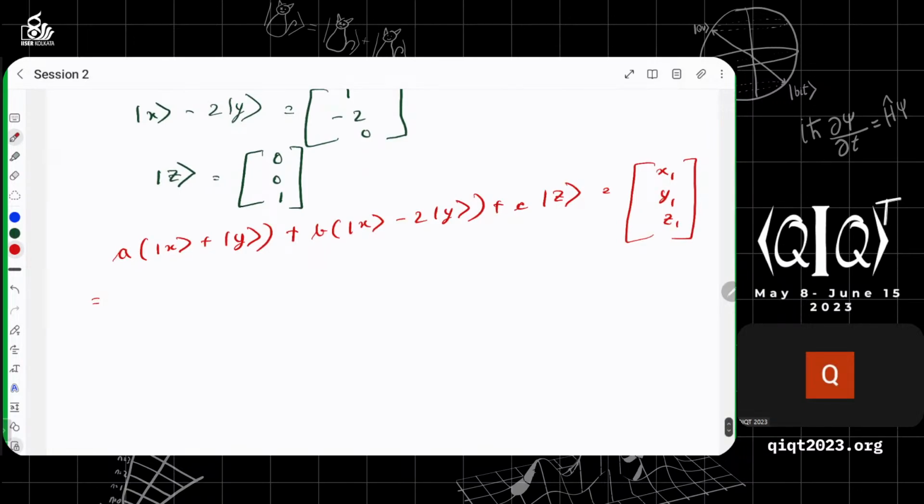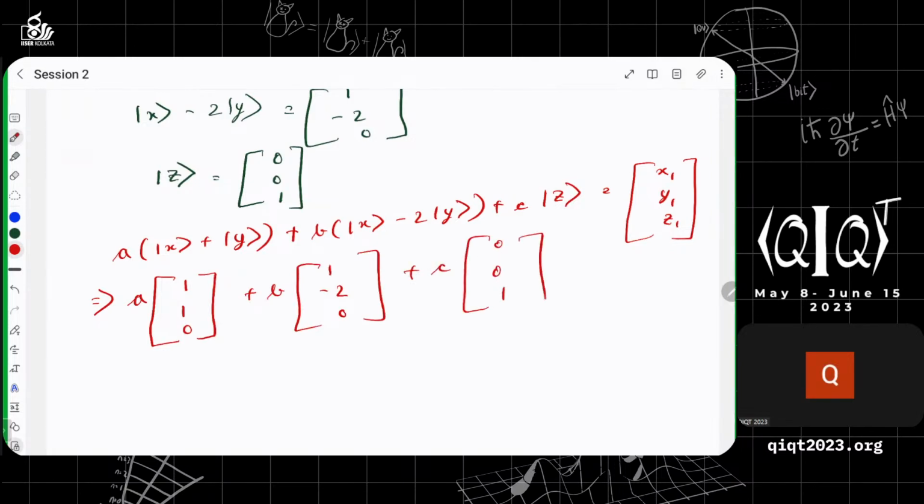So now if we write this in terms of column matrices, this would be like a times 1 1 0, b would be like 1 minus 2 0, and c would be like 0 0 1, and this would give me x1, y1, z1. And so if we just match the corresponding elements of the matrix, what we will find is that the first element on the left hand side would be just a into 1 plus b into 1.